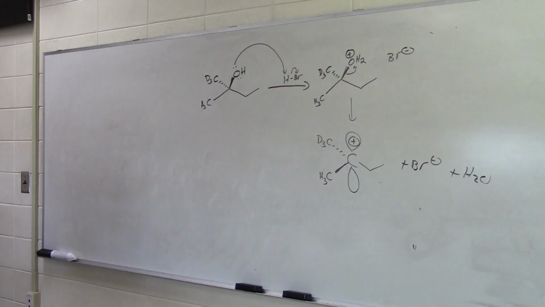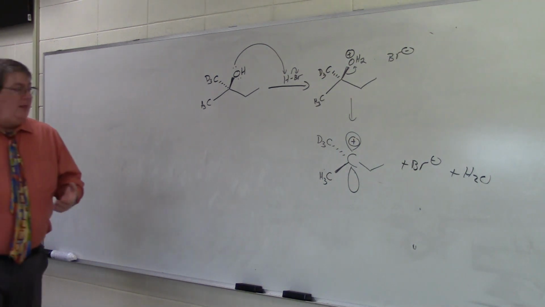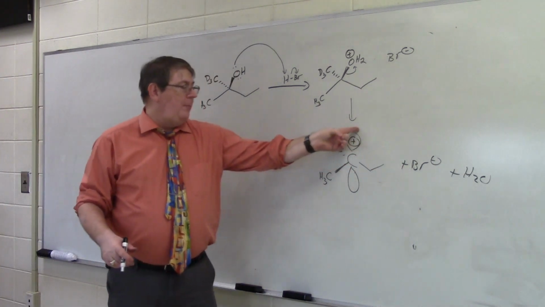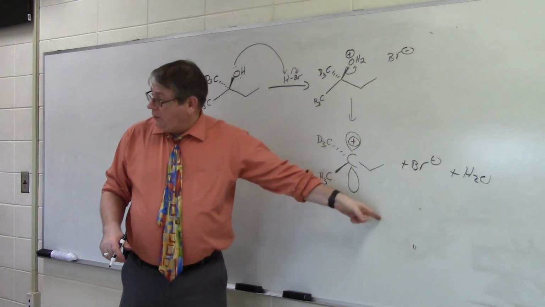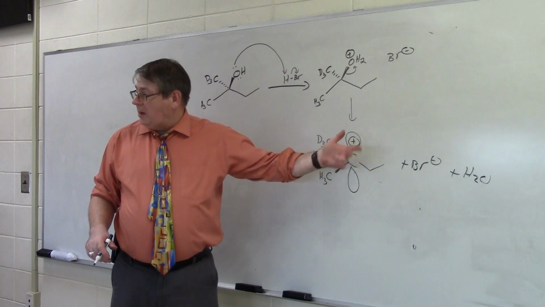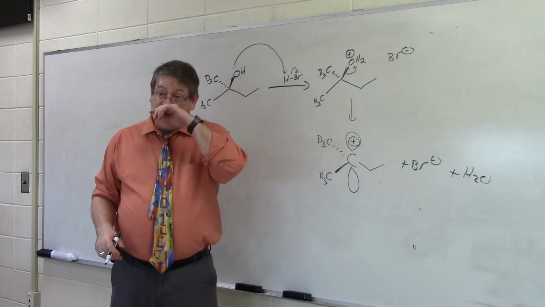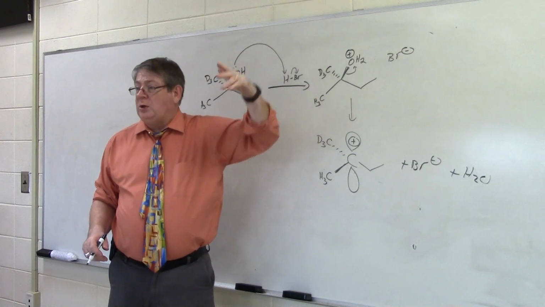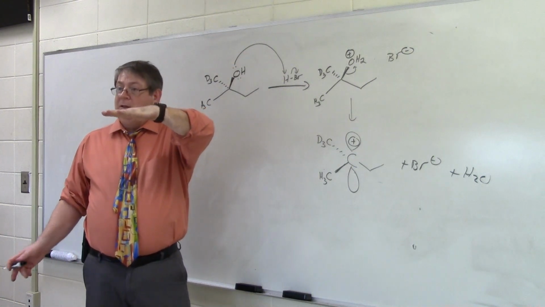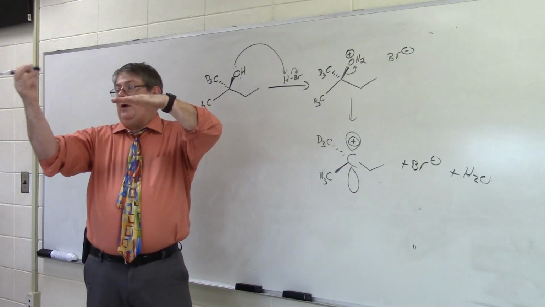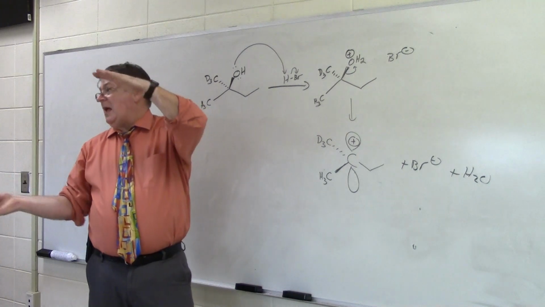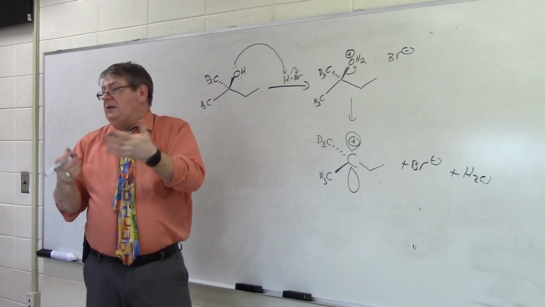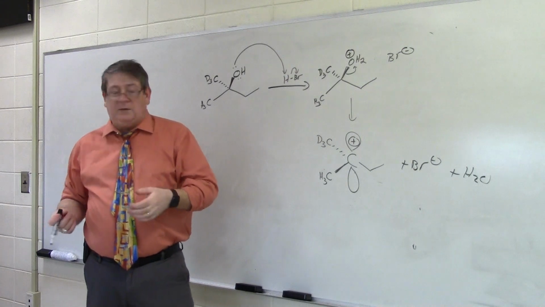The bromide attacks the carbocation to make an alkyl halide, right? That can happen from either the top or the bottom. What are the odds of it happening from the top or the bottom? 50-50. There's no reason to suspect that the top's any better or worse than the bottom. It's flat. So the bromide, if it just happens to be over here, will attack from that side. If it just happens to be over here, it'll attack from the other side, and there's no reason to expect it to be one place or the other, so it's 50-50.